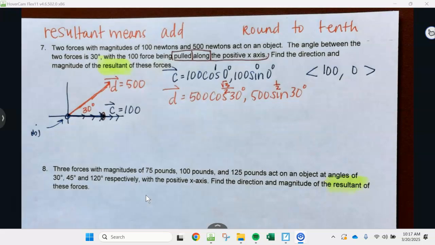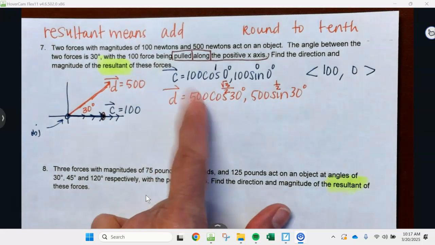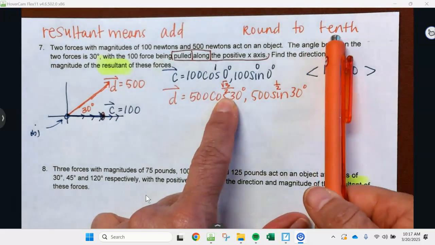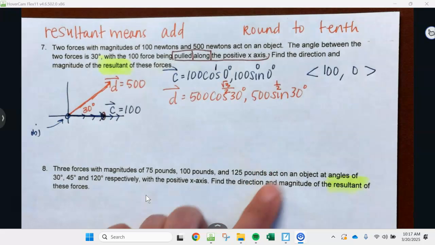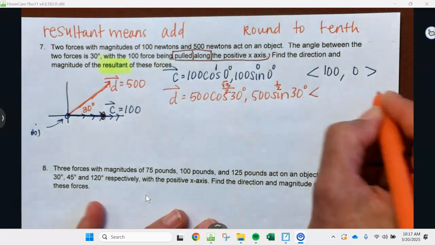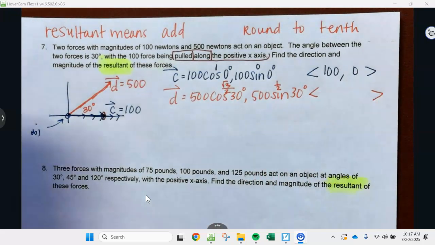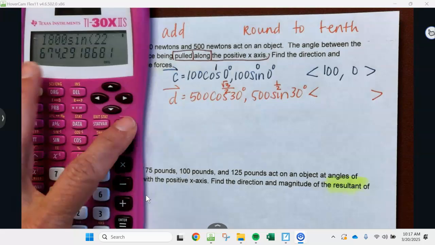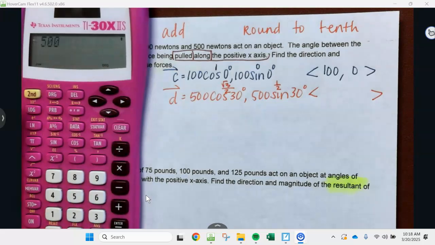So you are going to need to do your calculator. Make sure you get these numbers right on the calculator. 500 times root 3 over 2, we're rounding to the nearest tenth, and then 500 times 1/2. Go ahead and practice that on the calculator because you know I can't help tomorrow. Okay, it helps if you turn it on. 500 times root 3.